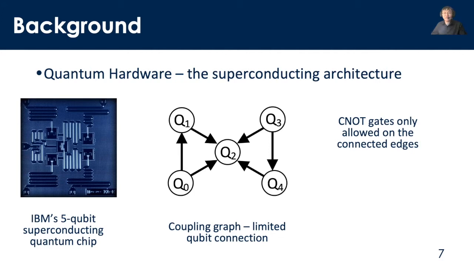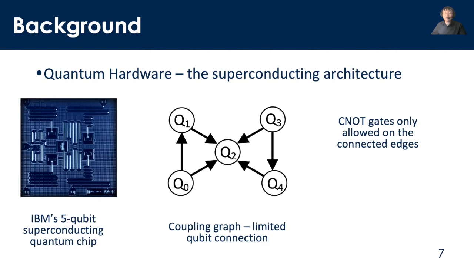And we can represent this architecture constraint in a data structure called the coupling graph. If we represent each qubit with a node and then connect those nodes if there are some physical wires or resonators connecting those physical qubits, we can have a coupling graph in the middle.